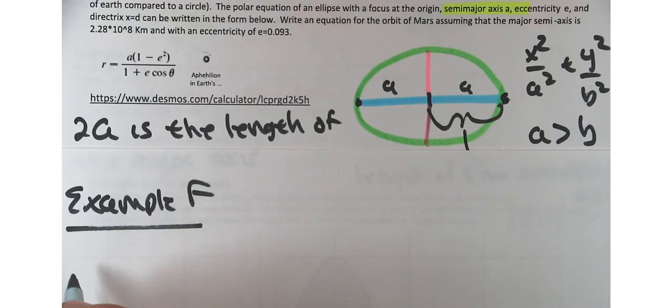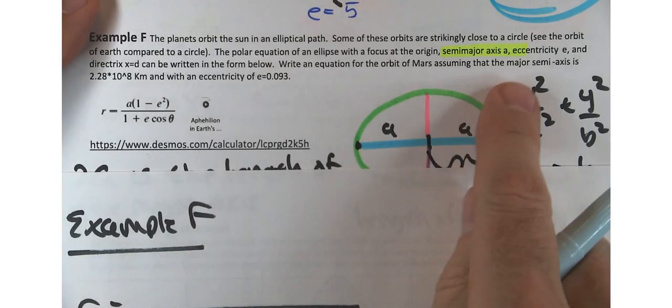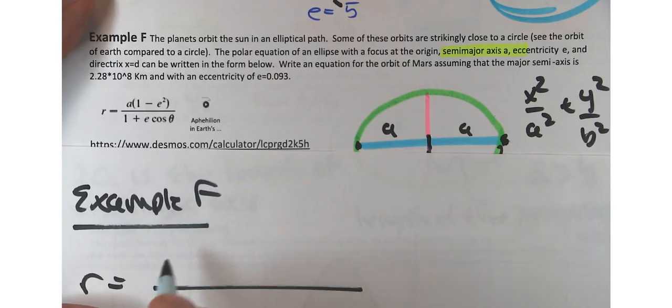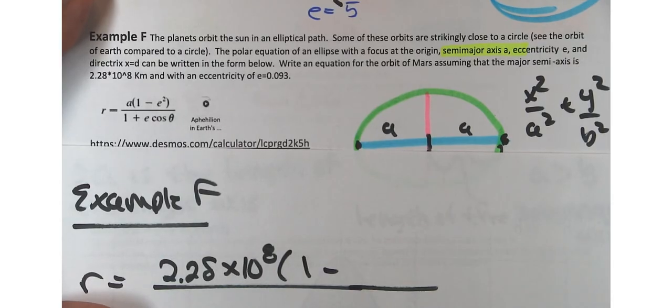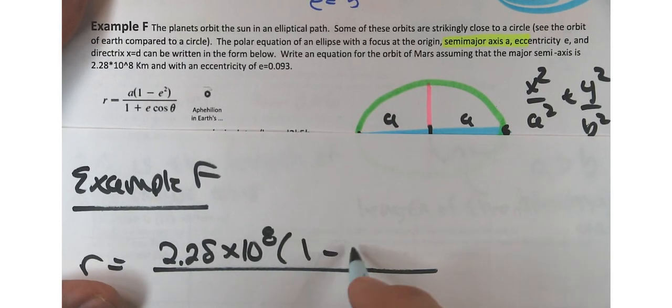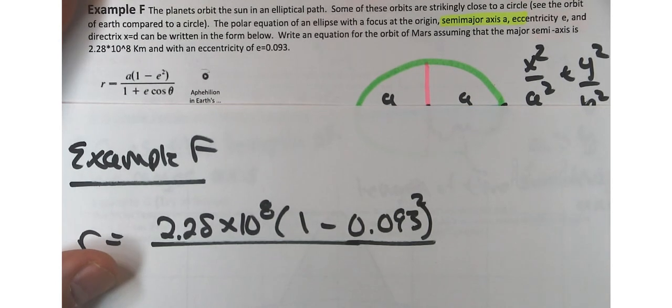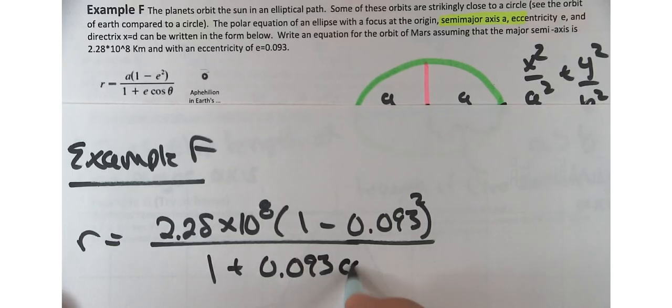So we've got r equals a, which is 2.28 times 10 to the 8th, times 1 minus e squared, where e is 0.093, and that needs to be squared inside the parentheses, over 1 plus 0.093 cosine of theta.